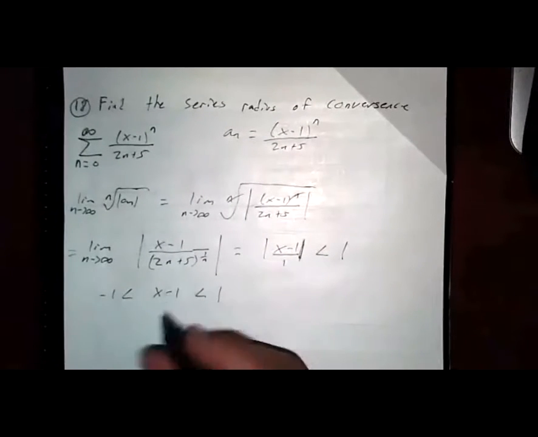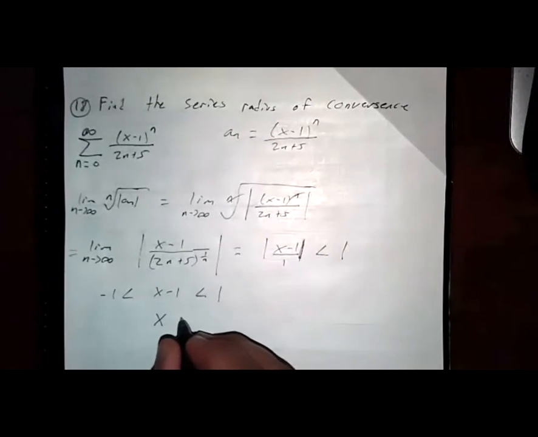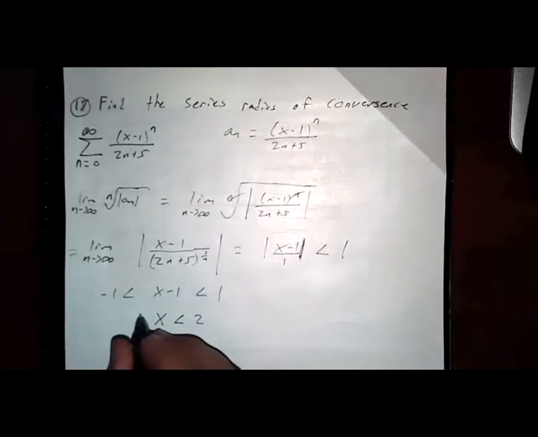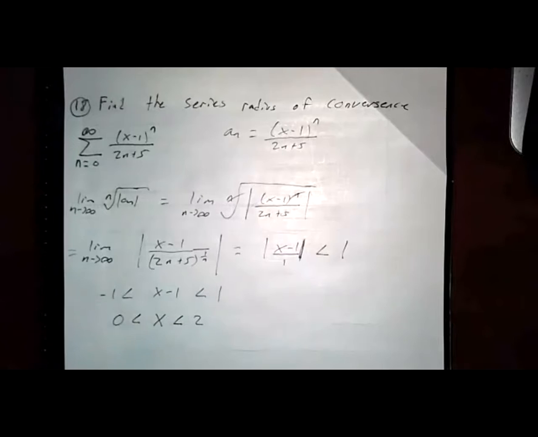Solve for x. So the interval becomes, add 1 over, add 1 over. So the center is 1, and the radius would be the distance from the center, so it'd be 1.